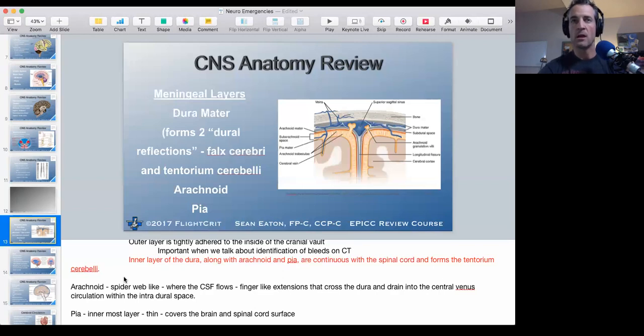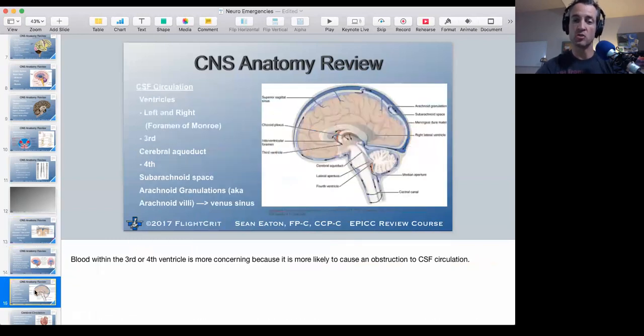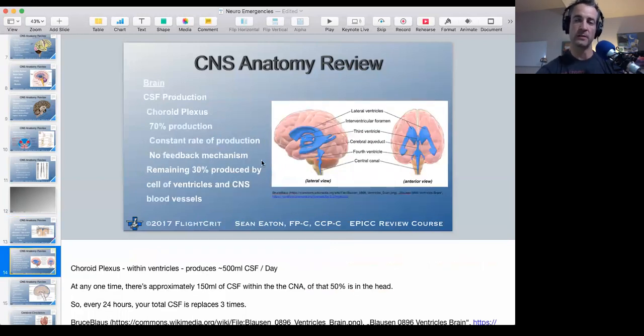Now, if you have a linear skull fracture that crosses the suture line, then that can actually compromise that adhesion to the underside of the skull and can allow for a greater extension of that epidural bleed.